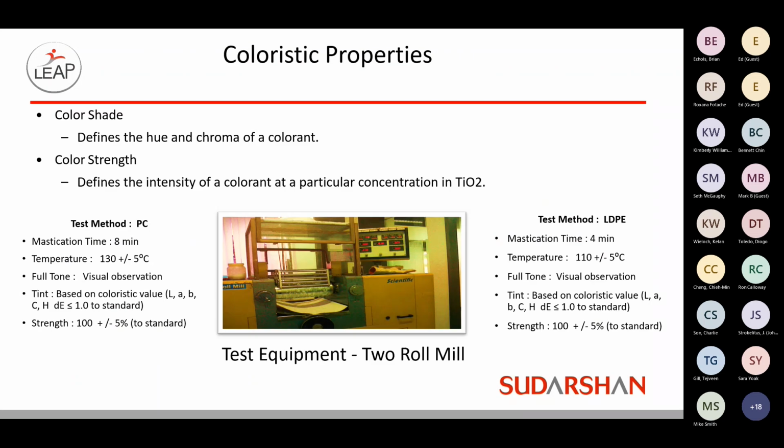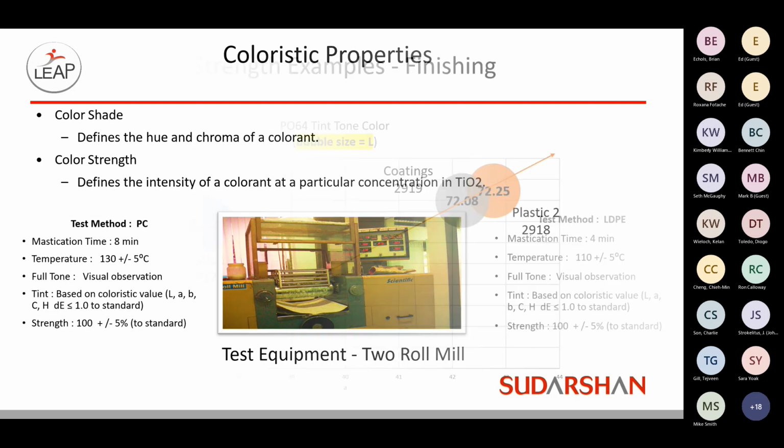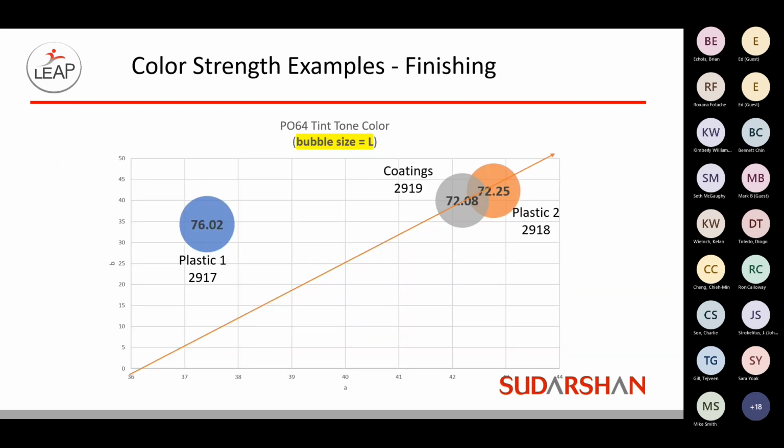From a coloristic perspective, of course, we always take a look at the color shade and the color strength, and primarily differences are always going to be dictated by the finishing steps that are employed for that particular grade. So in terms of strength, I took a look at Orange 64 as the high performance example. In this case, this is our tint tone color perspective, where the size of the bubble is the L value.